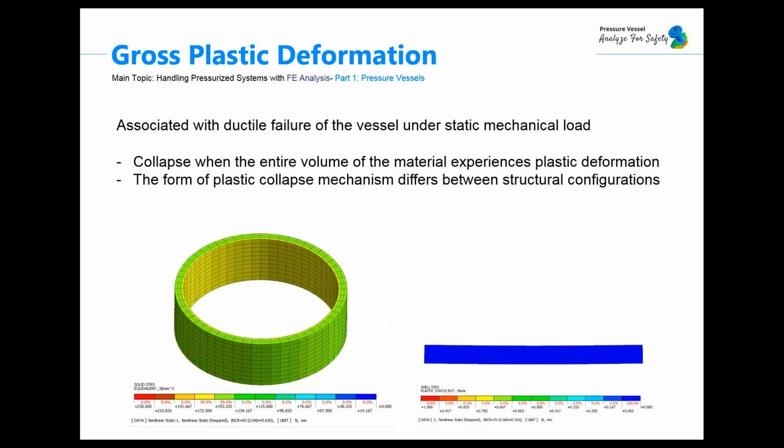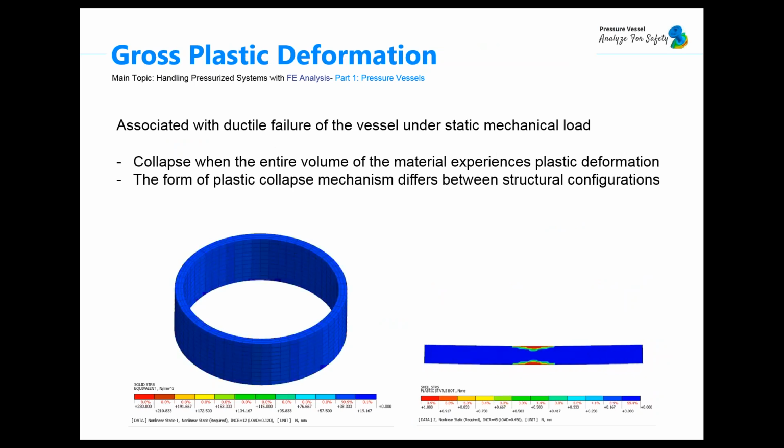So now we will start from the gross plastic deformation, and we will follow the procedure, let's say, referring to the code. At this moment I would like to introduce what the gross plastic deformation is.